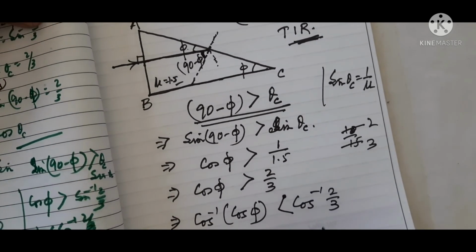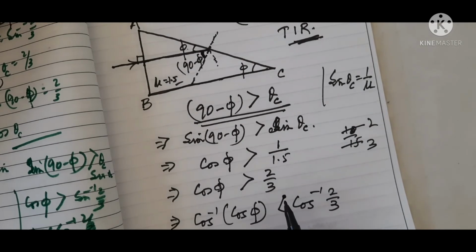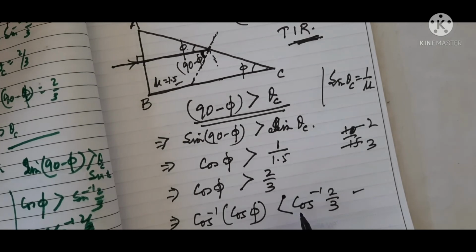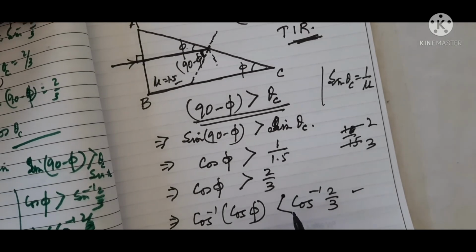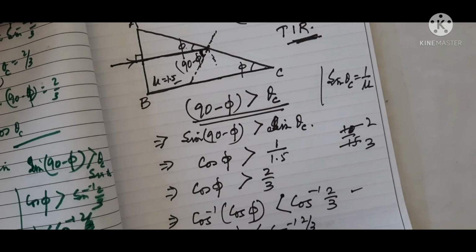That's the inequality. cos इनवर्स इधर भी लगाया, इधर भी लगाया, तब ये साइन चेंज हो गया. The value of cos decreases if theta increases. So the inequality changes here, that should be less than that. So we write cos inverse of cos phi, which is phi, less than cos inverse 2/3.